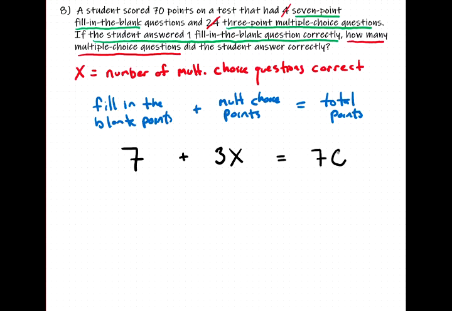Total points on the entire test is 70. So there's one correct fill in the blank problem. That's worth 7 points. And then there's X correct multiple choice questions, and they're worth 3 points apiece. So we have now the equation 7 plus 3x equals 70.